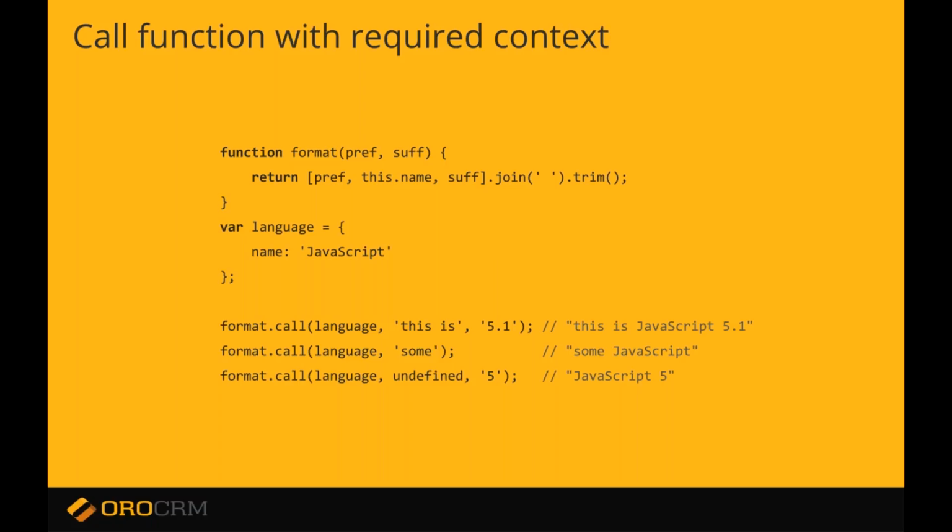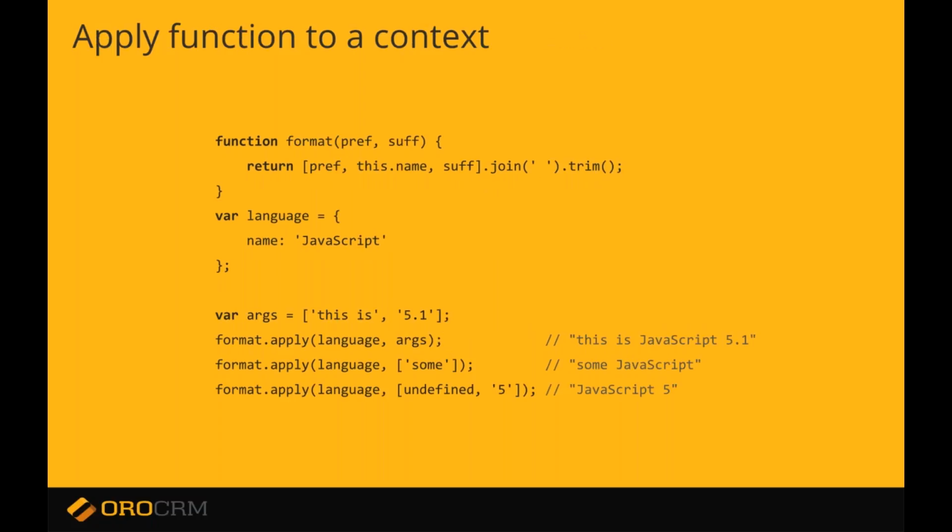After that, we can execute our method formatter for a context and pass the arguments that we want. So we can pass 2 arguments and have the phrase "this is JavaScript 5.1", or pass only the first argument and get only the prefix with JavaScript, or skip the first argument by passing the undefined value and have the JavaScript 5.1 phrase format.